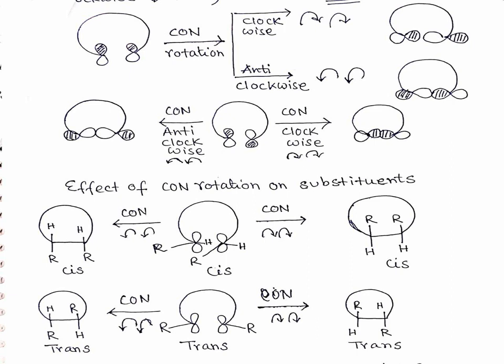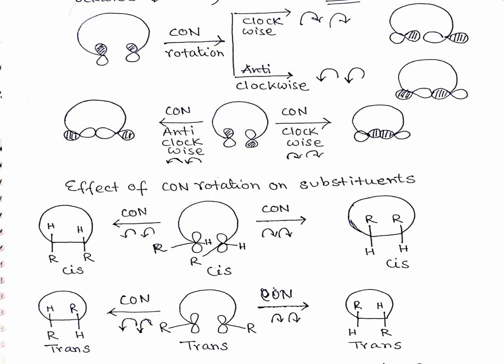Trans means one alkyl group is on the left side, and on the other p orbital's carbon the alkyl group is on the right side, so that is considered trans. So from the trans, when the ring formation will happen, these two R groups will go to the opposite side, and from the cis, when the ring formation will happen, the two R groups will be on the same side.